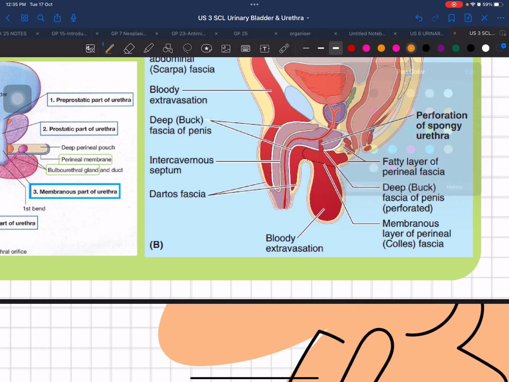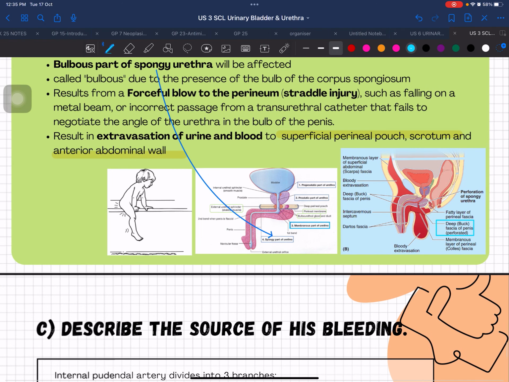Just remember in other parts of the body there is a superficial and also a deep fascia. The superficial is Camper's and Scarpa's. Camper's is fatty, and Scarpa's is membranous. This membranous layer will continue, but in your perineum it becomes Colles' fascia. So there is skin, Colles' fascia, and then another one, which is Buck's fascia.